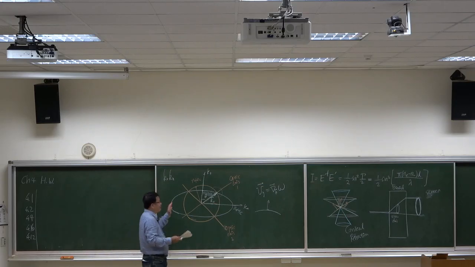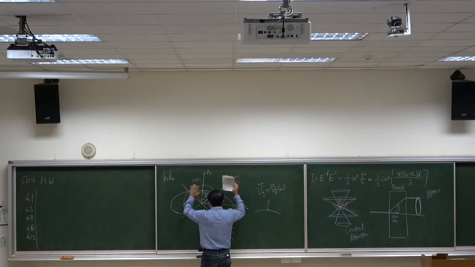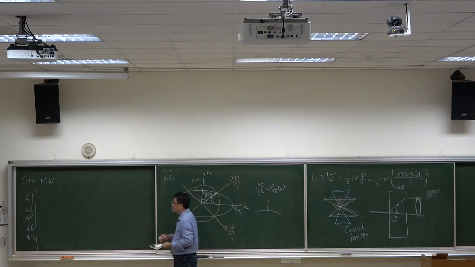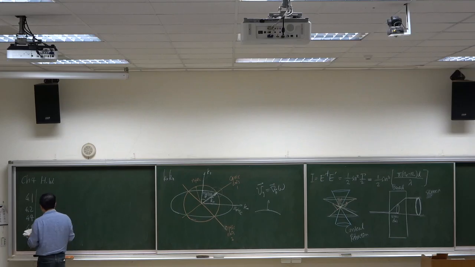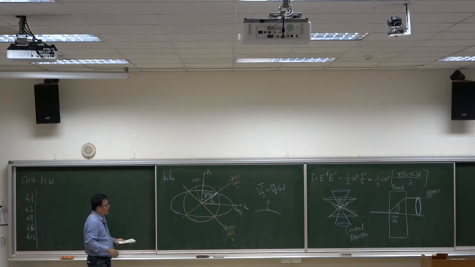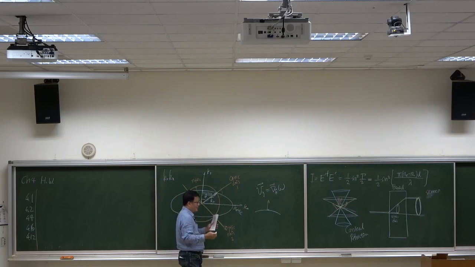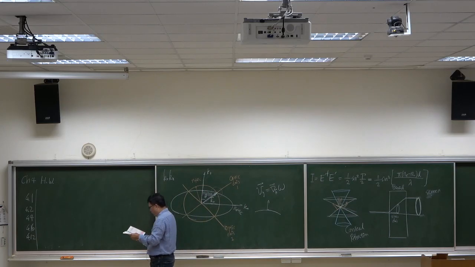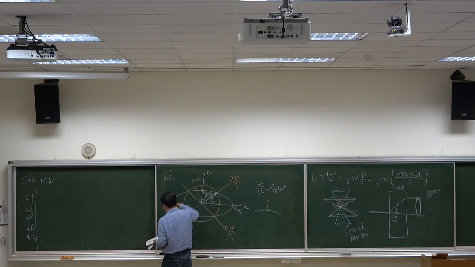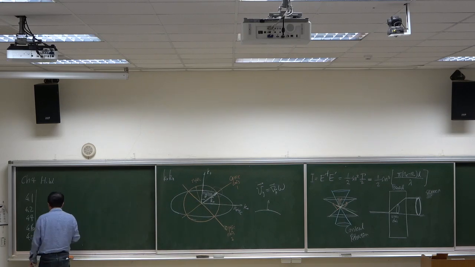We know that now these two optic axes are in the kx, kz plane. So this means that the k0 point is just the intersection point between this ellipse and this circle. So first we need to find the equation of the circle and the equation of the ellipse. I just mention the result.